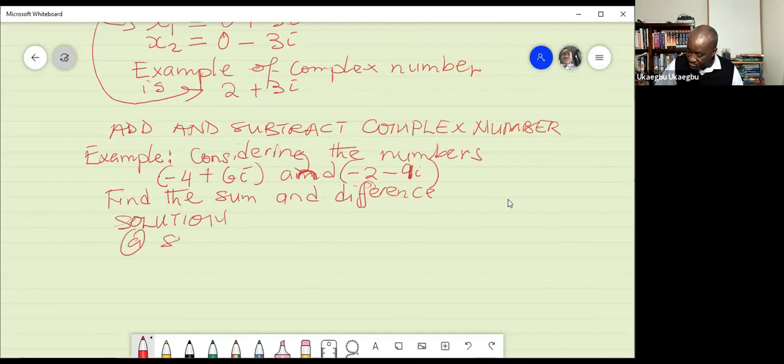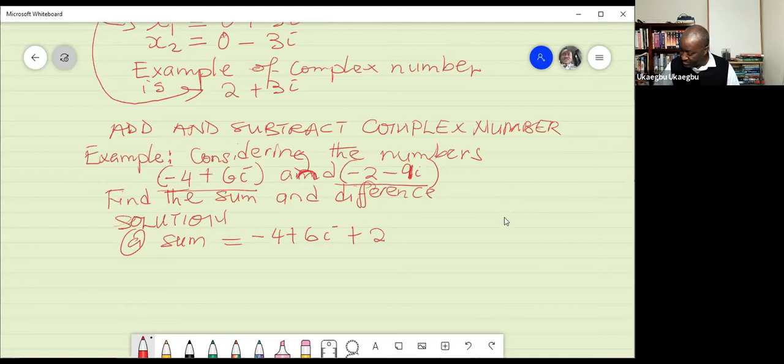A sum would be, then write down this expression, -4 plus 6i plus, write down this expression, negative, okay, so that I can retain that negative there, let me introduce a parenthesis, and you will find out why. -2 minus 9i.